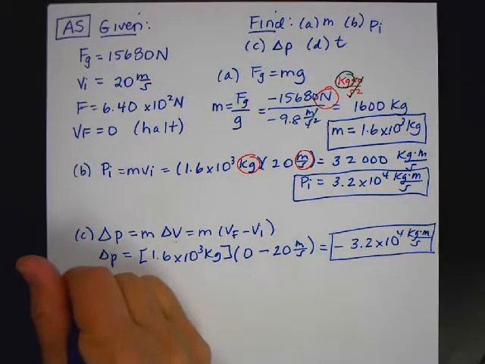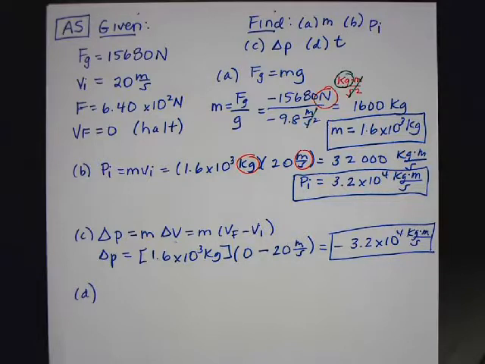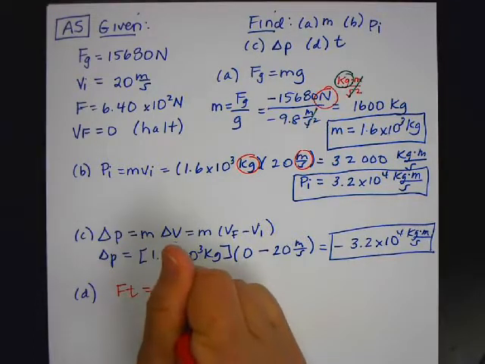And then the last part, part D, says how long does the braking force act on the car to bring it to a halt? So I want to find the time. This is where I'm going to use the impulse momentum theorem. So the impulse momentum theorem is Ft is equal to m delta v.